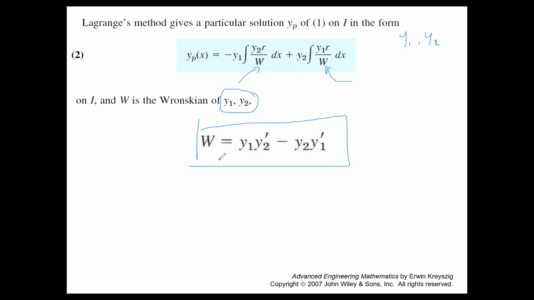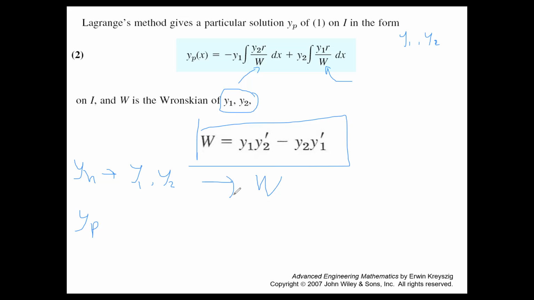Okay, so the steps are: first you need to find yh. From there you will have y1 and y2 as your homogeneous solutions. Then you find the Wronskian using this formula.